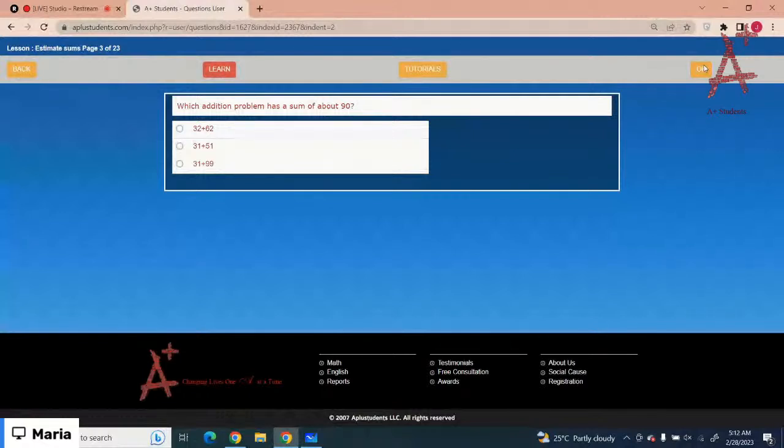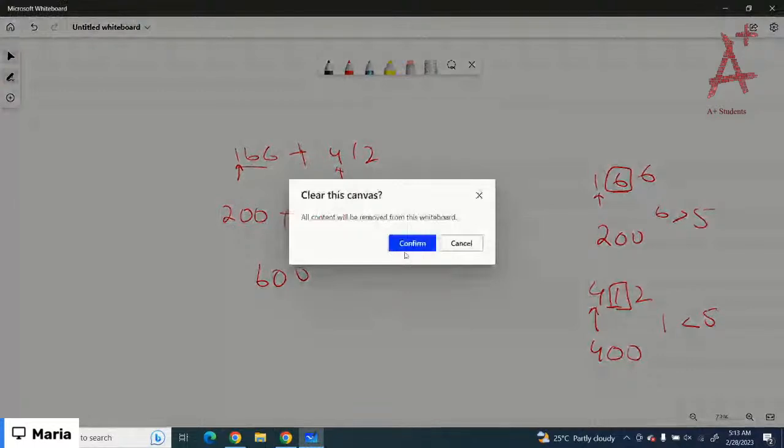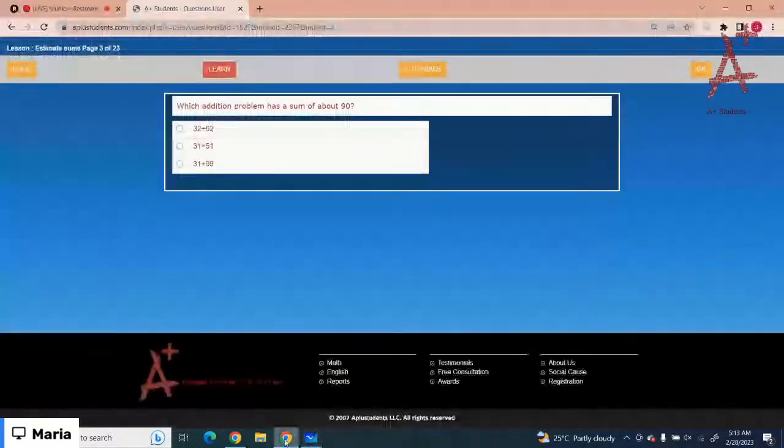Darren, we are doing the whole chapter. I don't get your point, but you are asking, which addition problem has a sum of 90? If you listen to me carefully, then you can get what I am explaining.